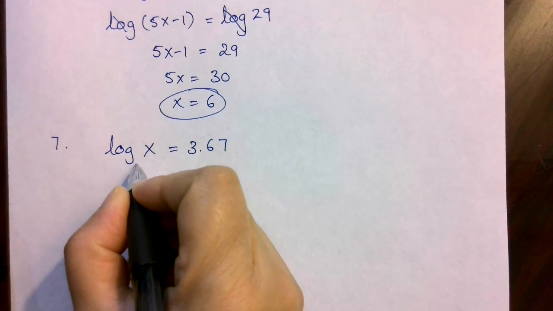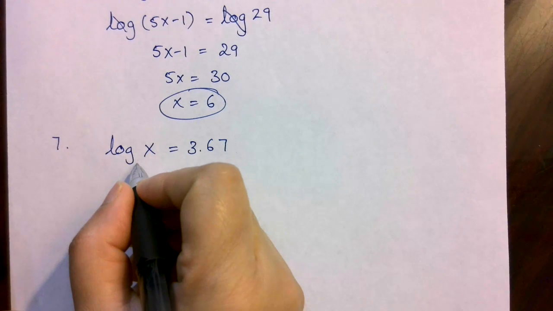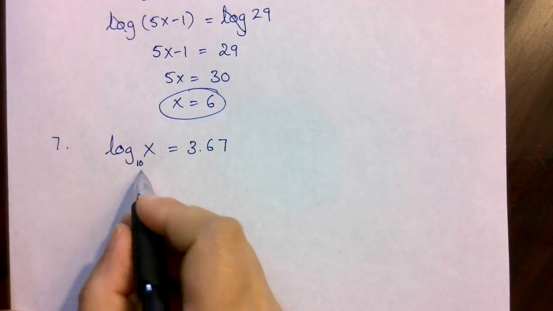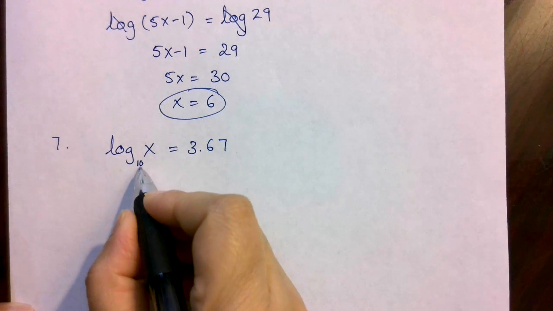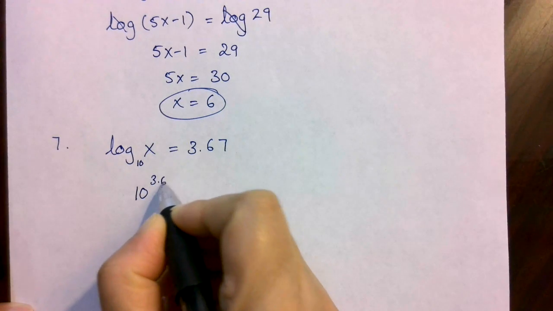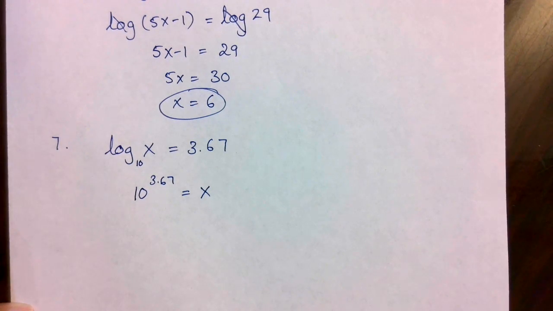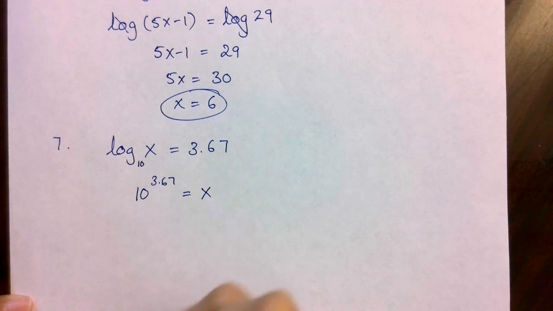We know that the base here is 10. If there is no number, that means the base is 10. So if I have a base 10 here and we want to change it to exponential form, this would be 10 to the power of 3.67 equals x. Or x is equal to 10 to the power of 3.67.